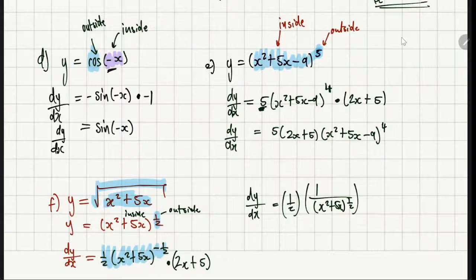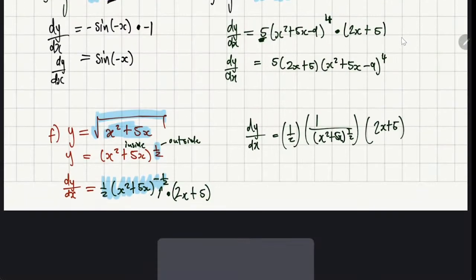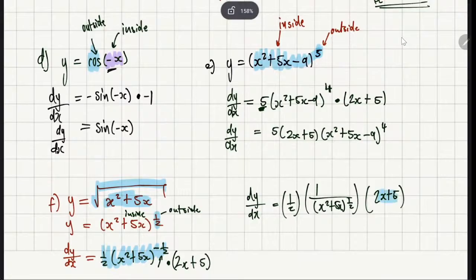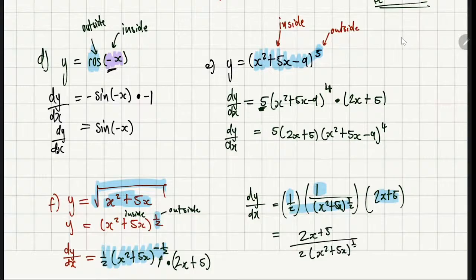So x squared plus 5x is now to the power of positive half, no longer negative. And then you multiply 2x plus 5. So now, this is a whole number. It will multiply the top. Then these bottoms will multiply each other. So you're going to say it is equal to 1 times 1 times 2x plus 5, which is 2x plus 5, over 2 multiplying x squared plus 5x to the power of half.